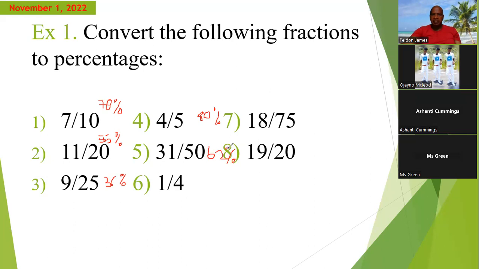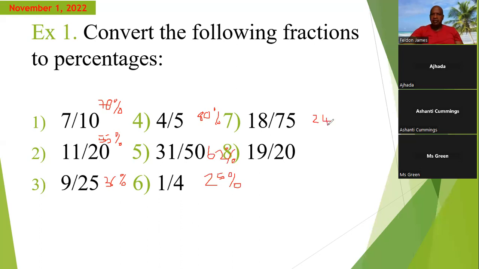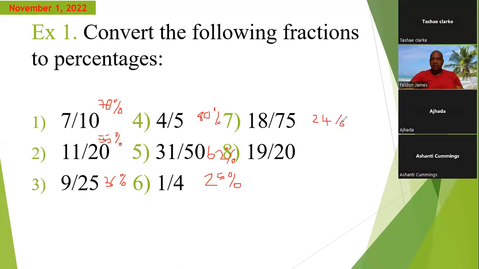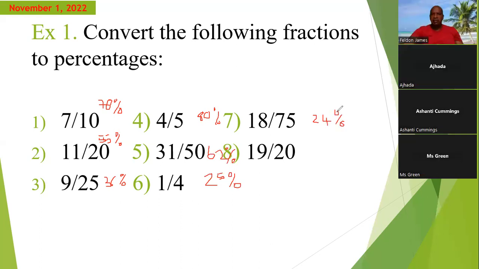Question 6, sir, 25%. Question 7, 24%, sir. Everybody confirm. Question 7 is 24. All right, that's Clark.